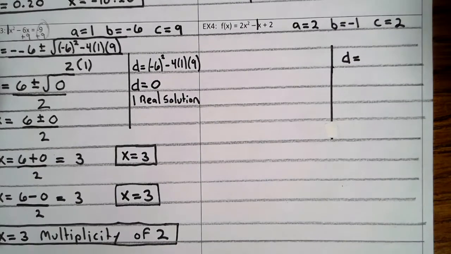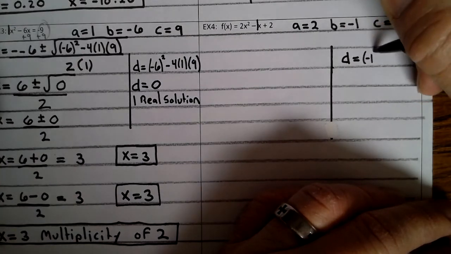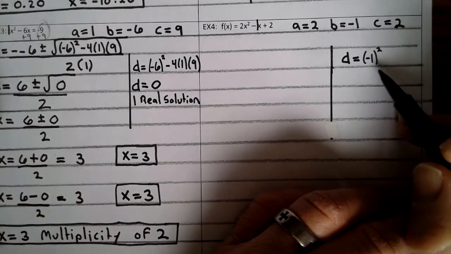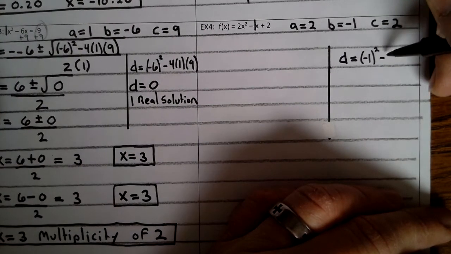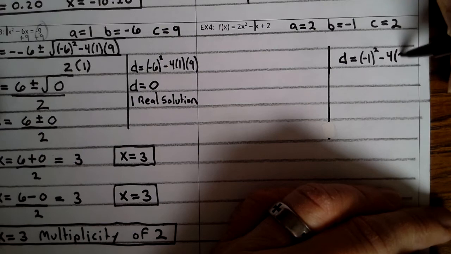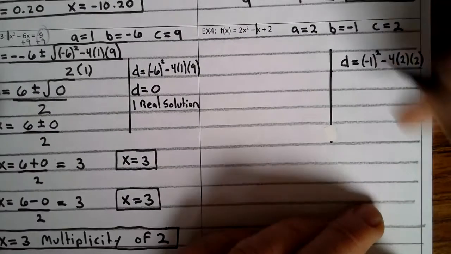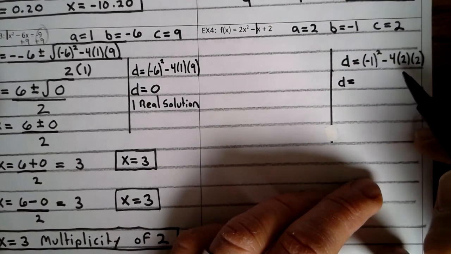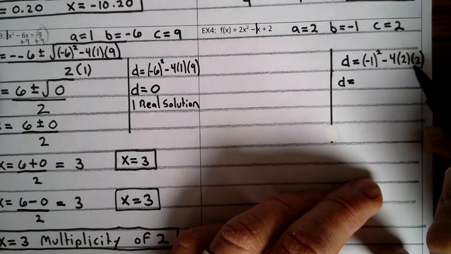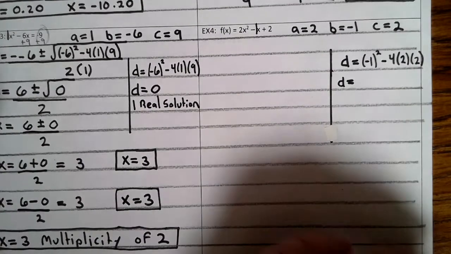Minus 4 times 2 times 2. So d equals 1 minus 4 times 2 is 8, 8 times 2 is 16. So 1 minus 16 is negative 15, which is less than 0. So we know when the discriminant is less than 0, then we have no real solutions.